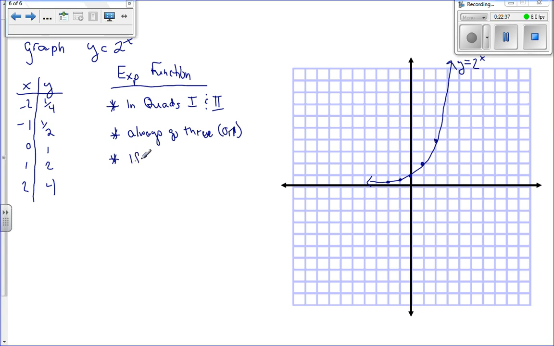And then it said if b is greater than 1, it was increasing, and if b is between 0 and 1, which is a fraction, it was decreasing. Okay, that was important information before.